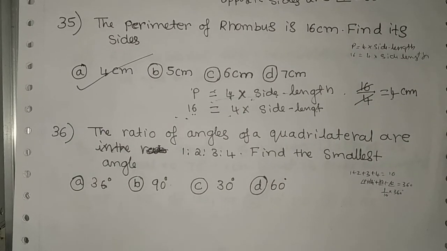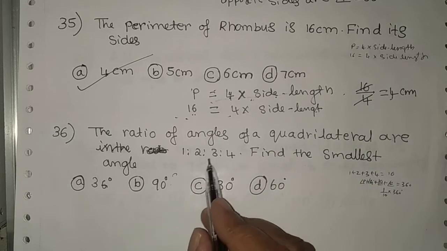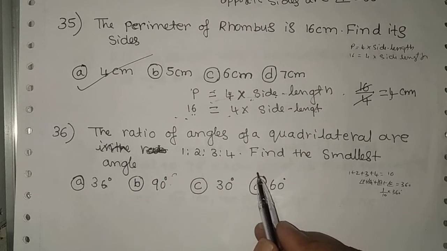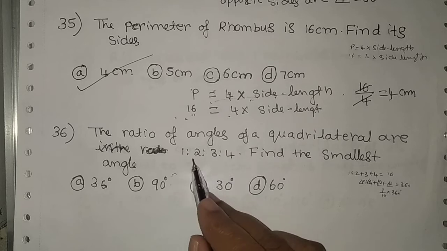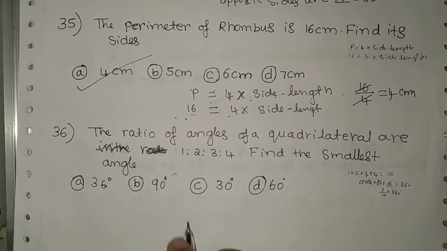So next one: the angles of a quadrilateral are in the ratio 1:2:3. Find the smallest angle. Here the four angles of the quadrilateral are given in this ratio. Find the smallest angle.